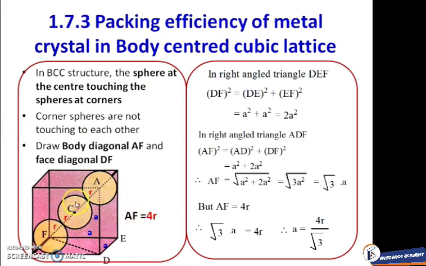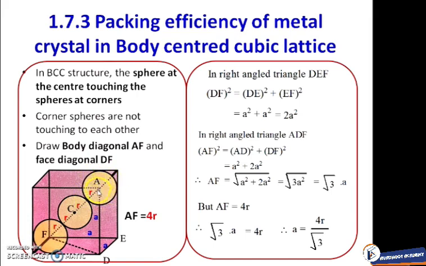Now there is a little bit of modification. First of all, consider 3 spheres out of the various spheres present in this body-centered cubic arrangement. Now this sphere C is at the center of the cube. F is a corner sphere, and A is also a corner sphere.